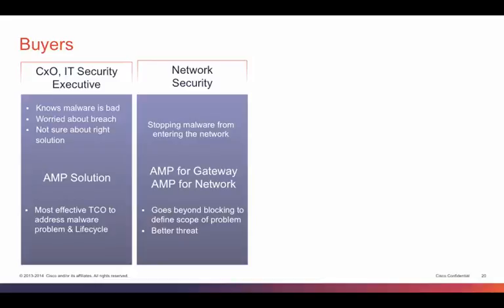In this case, we're probably going to stick with AMP for the gateways, AMP for the network, because we want to bring blocking into the network, and we want to bring that correlation on the network side with those attacks that they understand.